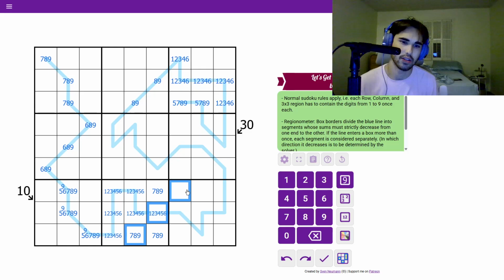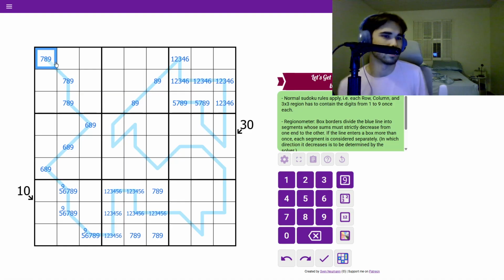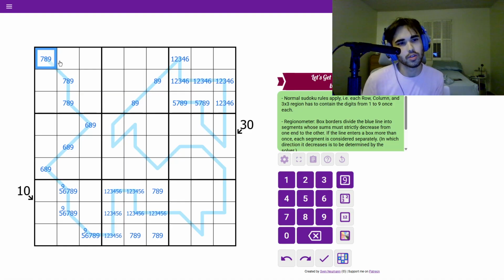These having to add to 30 will somehow be helpful. I'm not sure how. Maybe I should just think about what this cell could be. It seems quite restricting, doesn't it? Because it's going to force a pair to happen and then... Like if it's 7.